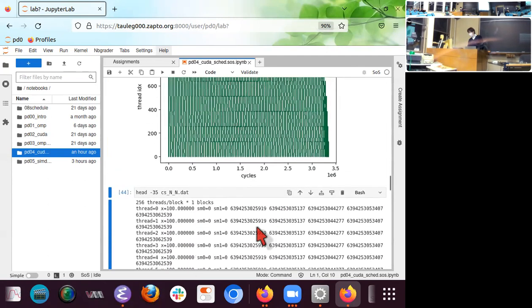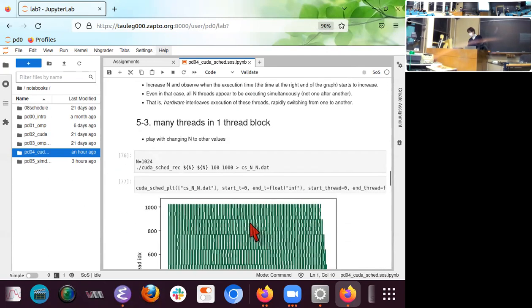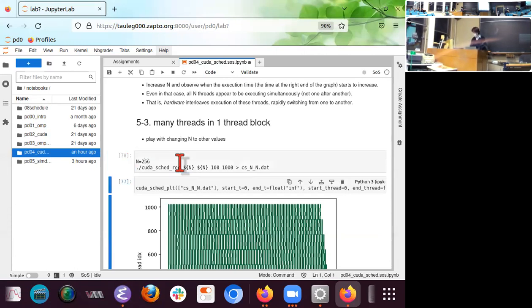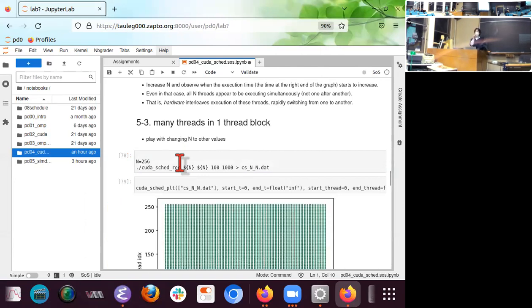And so let me just calculate how close we are to the peak performance of the GPU. Let's get this number back to 256, because this seems to be where the GPU is saturating. These threads are saturating the capability of the GPU.